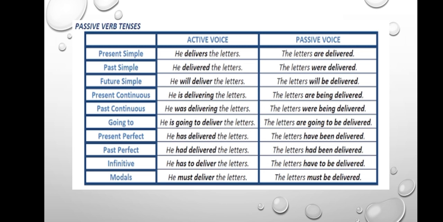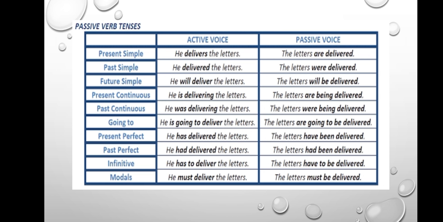So, here are the tenses, active voice and passive voice. First one, present simple. He delivers the letter. This sentence is in simple present. How can we say that this is an example of simple present? Whenever we want to find the tense of a sentence, first of all we need to check the form of the verb. So here what is the verb in this sentence? He delivers the letter. Delivers, the bold word.